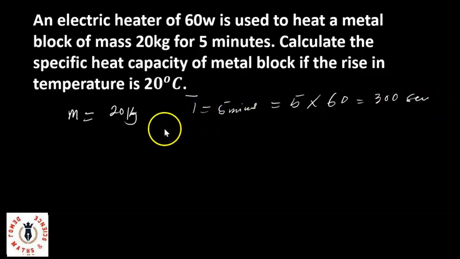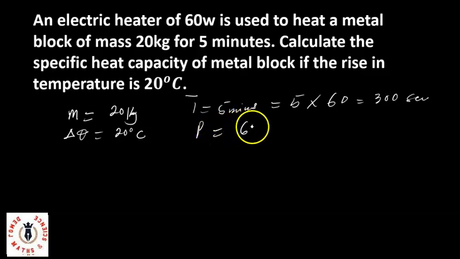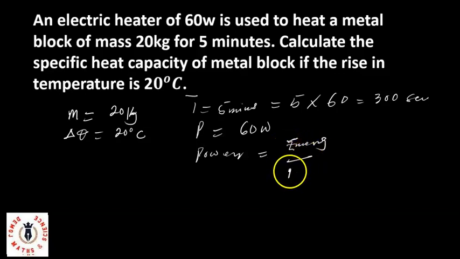Now, calculate the specific heat capacity of the metallic block if the rise of temperature is 20 degrees Celsius. That is, my change in theta in this case is 20 degrees Celsius, and the power output of the electric heater is given as 60 watts. Now, I want us to remember that power is always equal to energy over time.